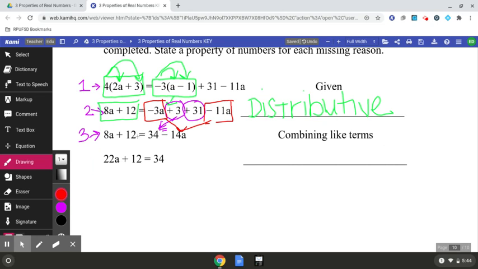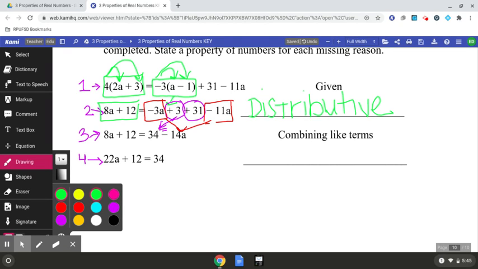Then to get from here to here, things change. From line 3 to line 4, our 8a became a 22a. My 12 stayed where it was, but I'm missing now this -14a. So how do I get rid of this -14a? We talked about this. This was one of the properties we learned today.